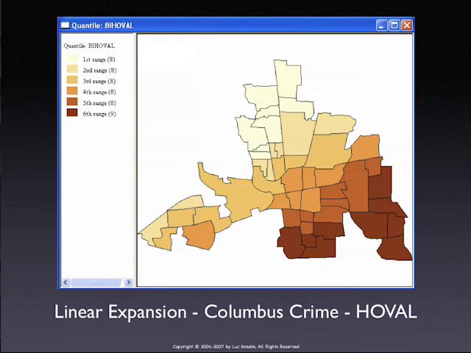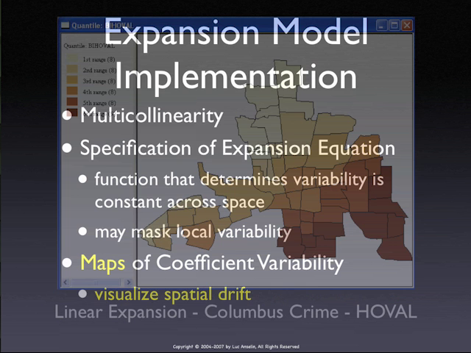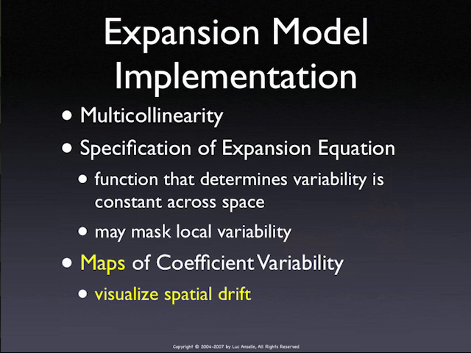Again, I like to think of this as a very useful exploratory technique where you very quickly get a sense of how strong this is and how viable this assumption of stationarity, of one size fits all, is. And because it is a regression model and you have standard errors, you can carry out tests for the significance of the variability of the coefficient.